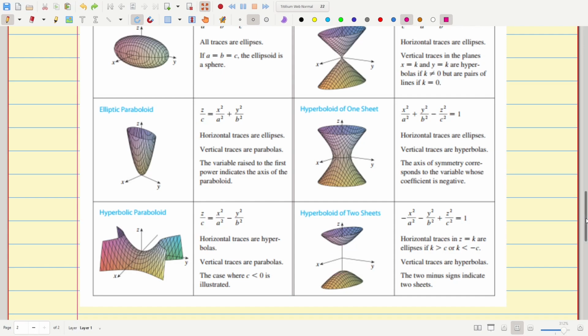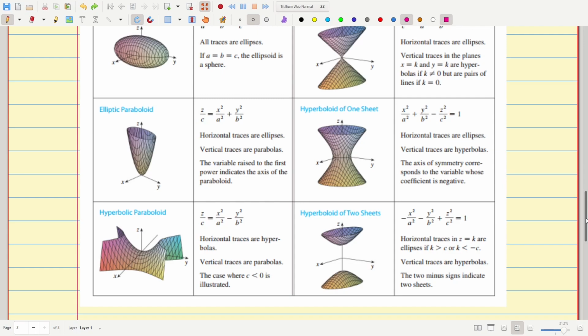Okay? And then this is 2 minus signs with one of your variables missing a square. Okay, so move everything that has a letter in it to one side. Leave the coefficient on the other side.